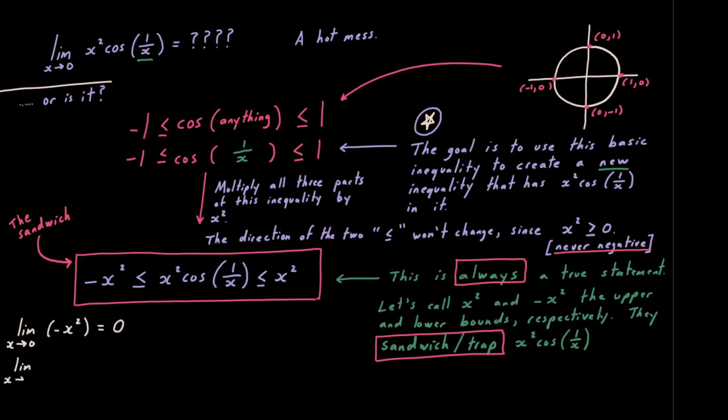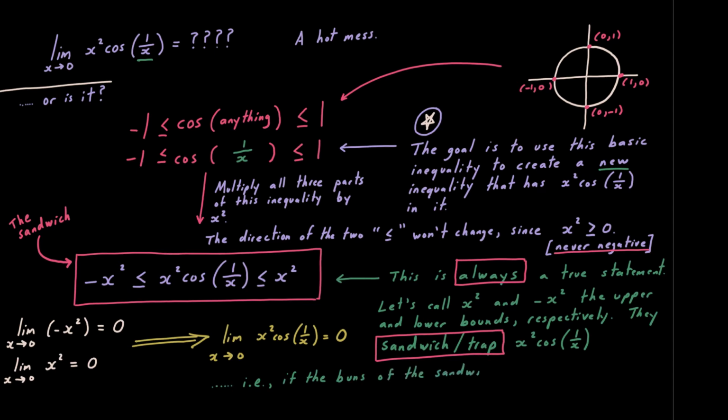Now, take the limit as x approaches 0 of the upper and lower bound, the buns of your sandwich. Well, they both go to 0, so it stands to reason that the middle piece must also go to 0, the x squared times cosine of 1 over x, the funky business.